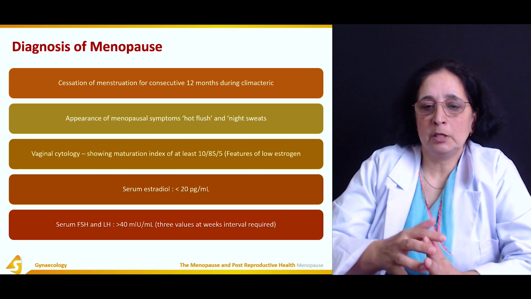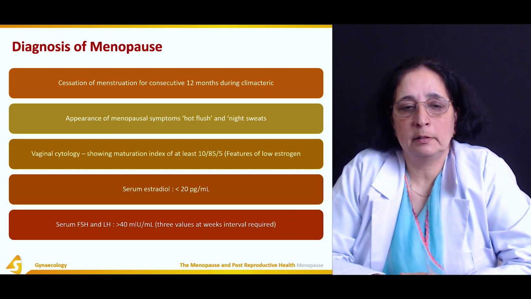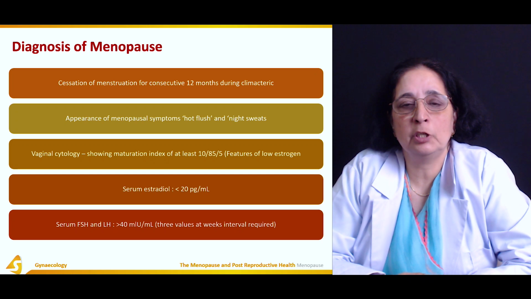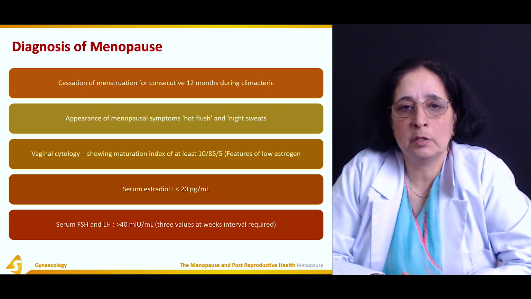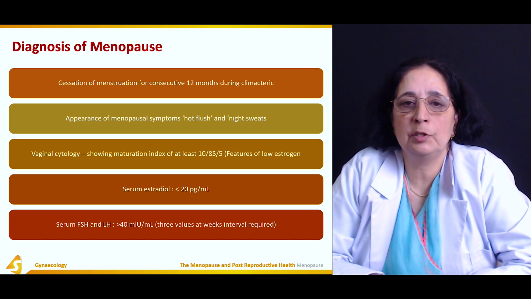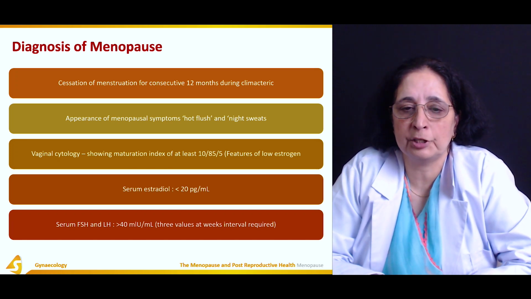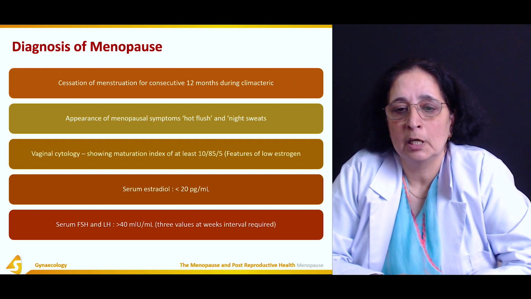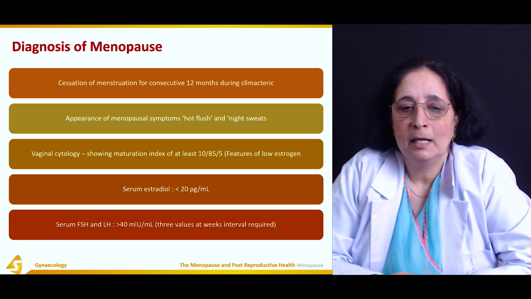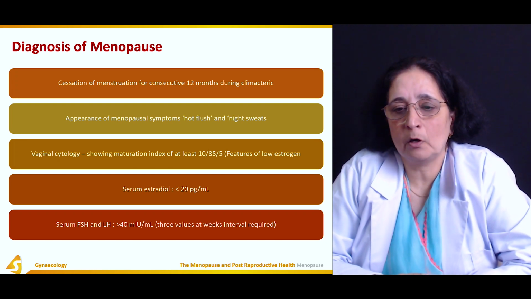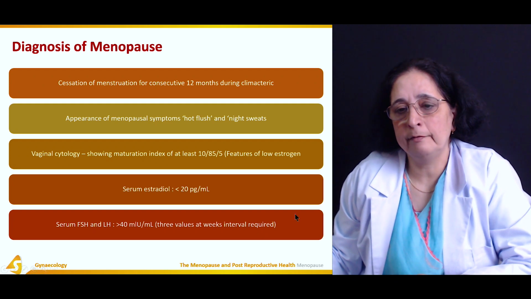Now, diagnosis of the menopause. Cessation of menstruation for 12 consecutive months is the diagnosis of menopause. Appearance of menopausal symptoms, which are usually night sweats and hot flushes, is common. If they do vaginal cytology, or the study of cells, it shows a maturation index of 10-85-5.